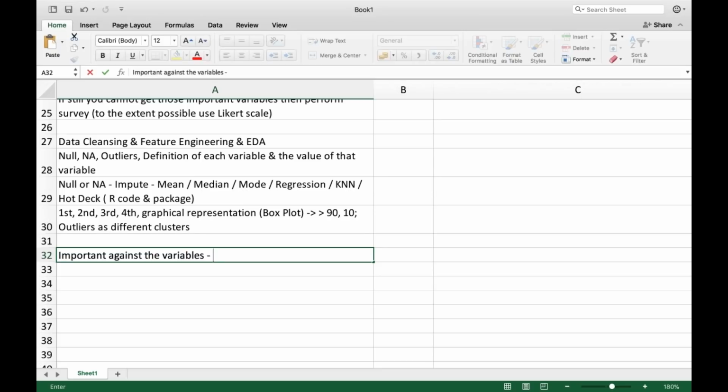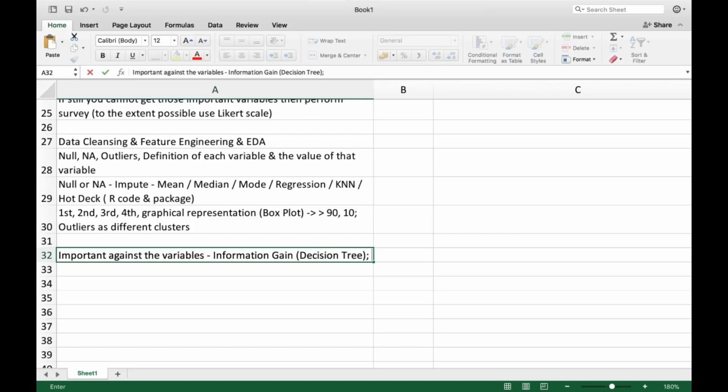How do you identify which are those most important variables out of 100 variables that the customer gives you? Say you have 100 input variables for building some prediction model. What are the various ways to understand which are those most important variables? For this, there is something called information gain, entropy, right? This you will get from decision tree.